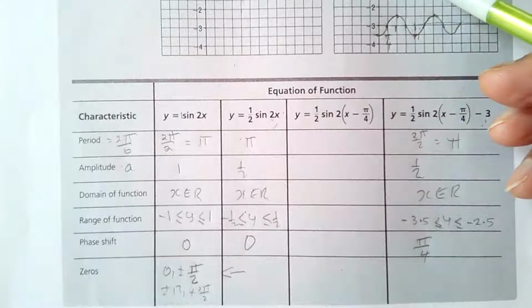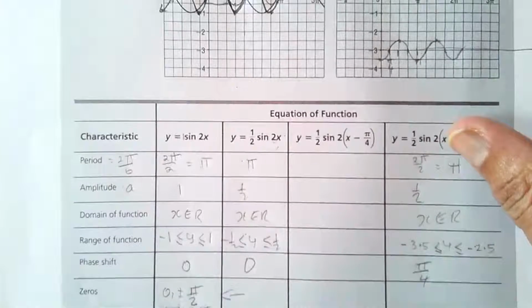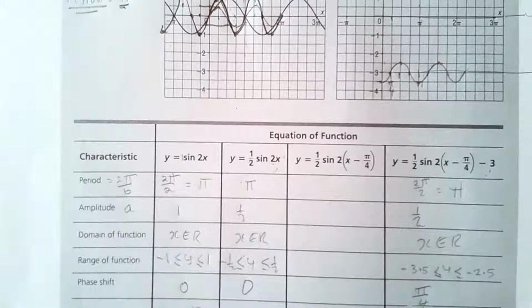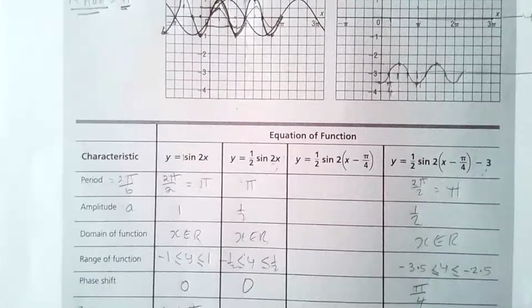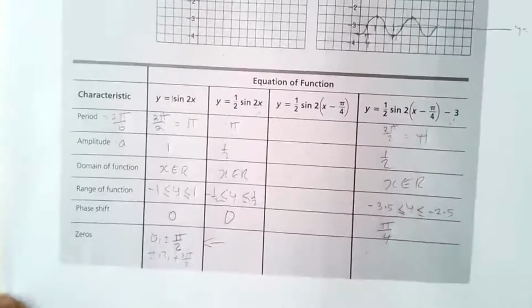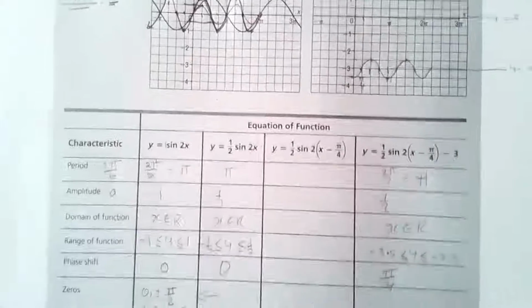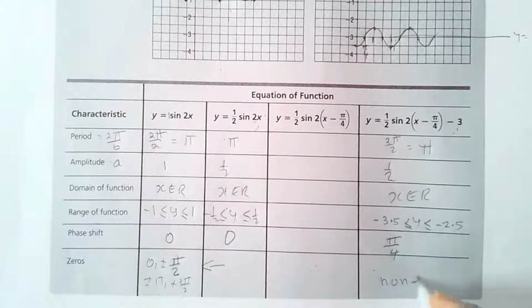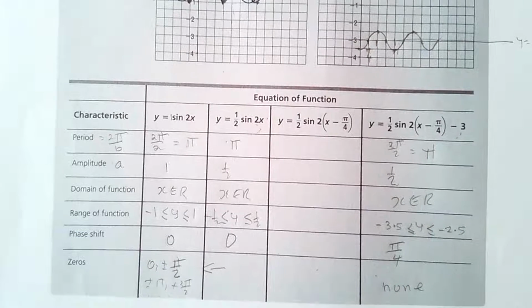There's no zeros because the graph doesn't touch the x-axis. We say there's none because it doesn't touch the x-axis.